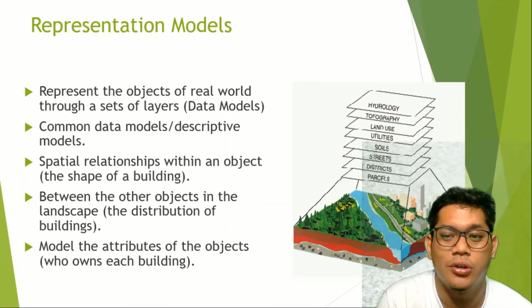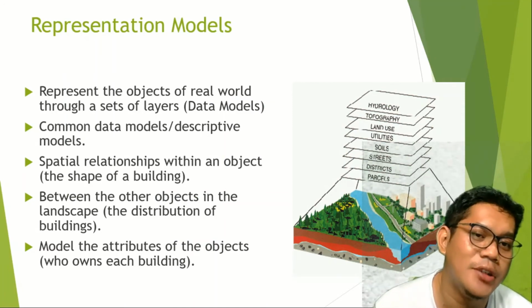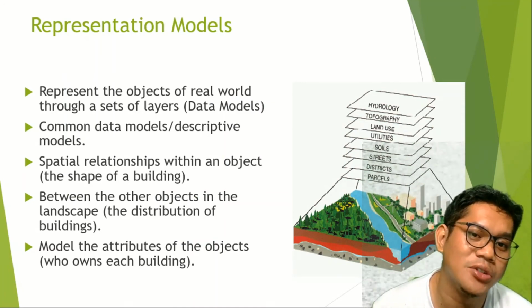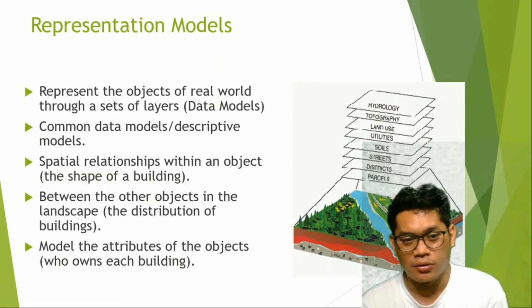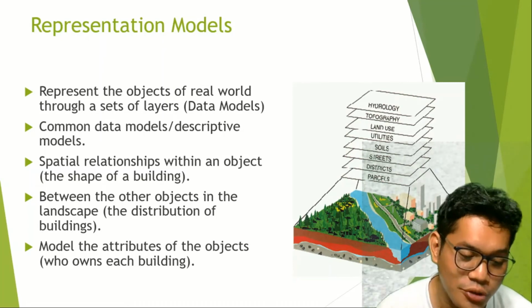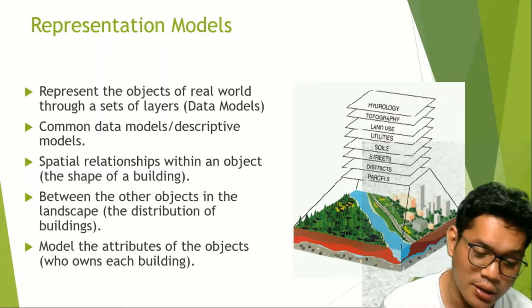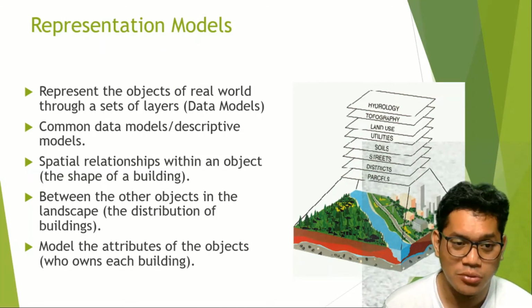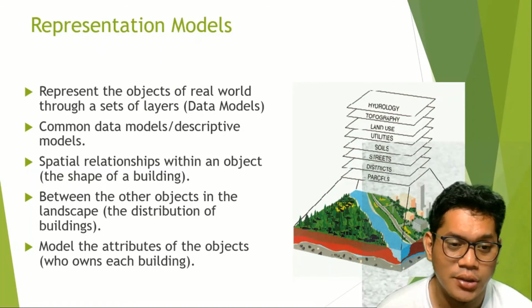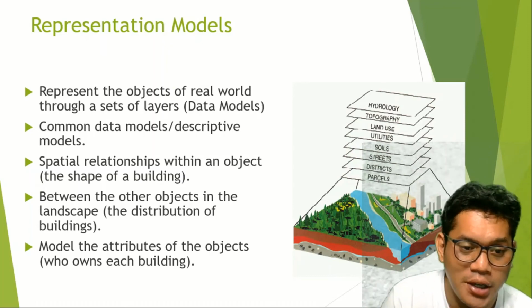Okay, so therefore you must have the representation models where the objects of the real world are represented through a set of layers, different kinds of data models, okay, for you to show what the real world has. And then you have the spatial relationship between objects one to another, and of course the model of the attributes of the objects, and so on.